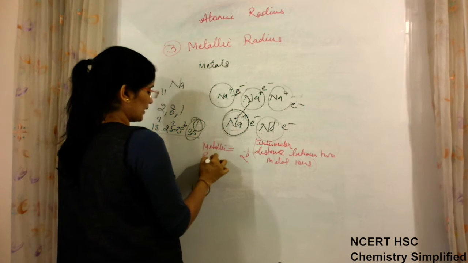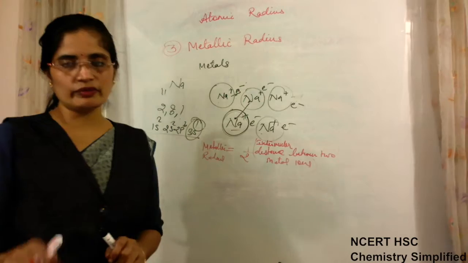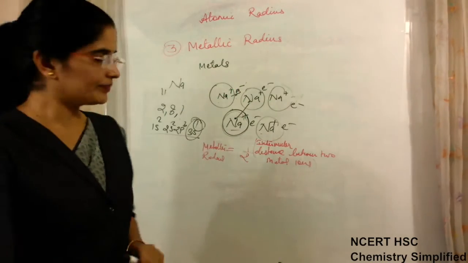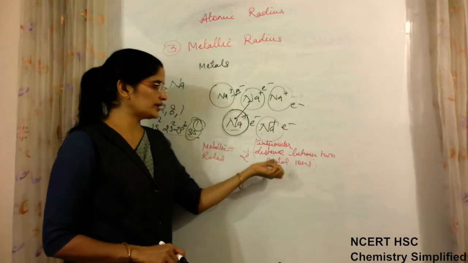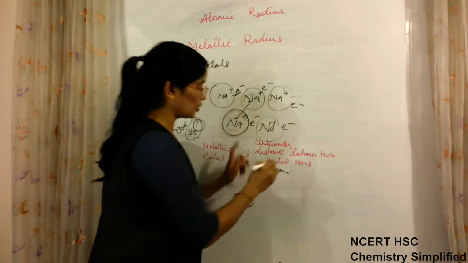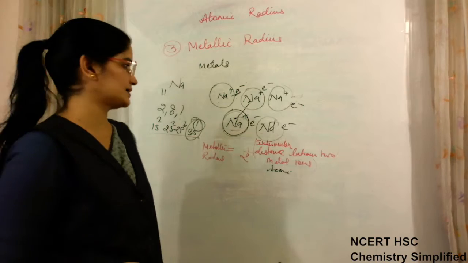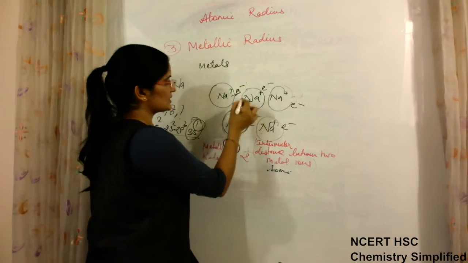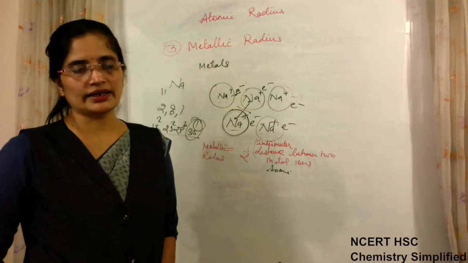Okay, so metallic radius, first thing, will be only for metals. And it is half the internuclear distance between two metal ions, same metal ions. Okay, not dissimilar, similar metal ions. So this distance will give the value of metallic radius.